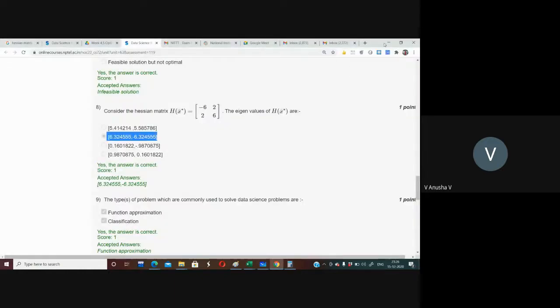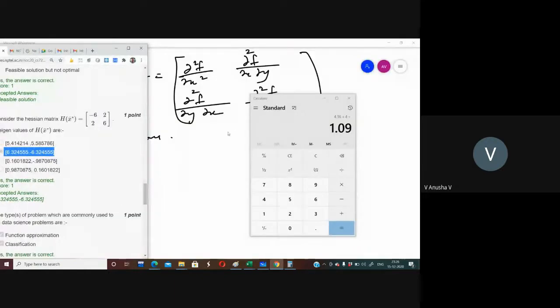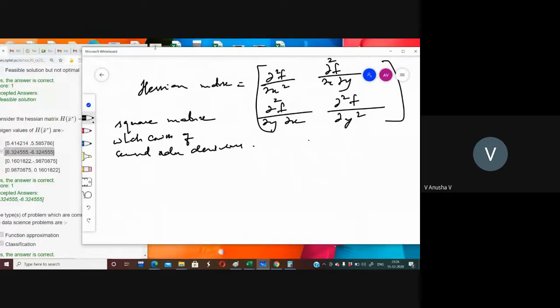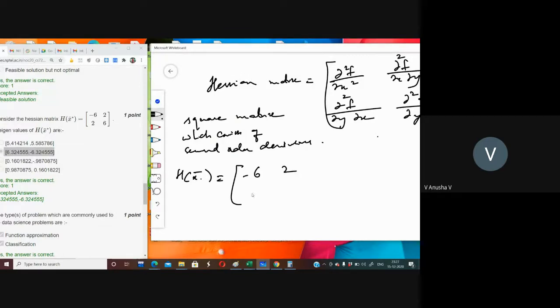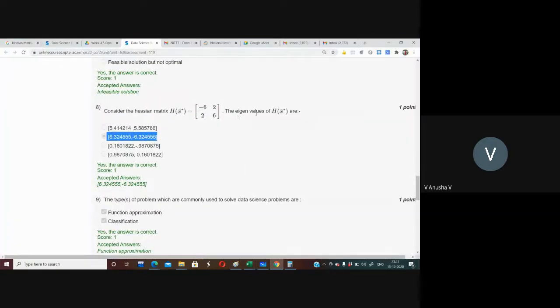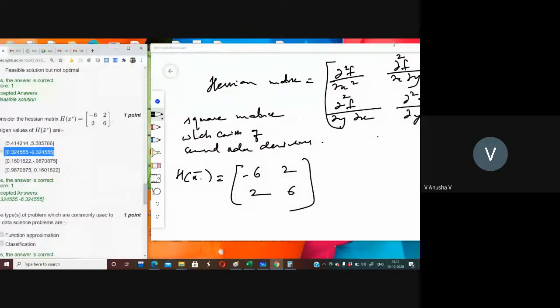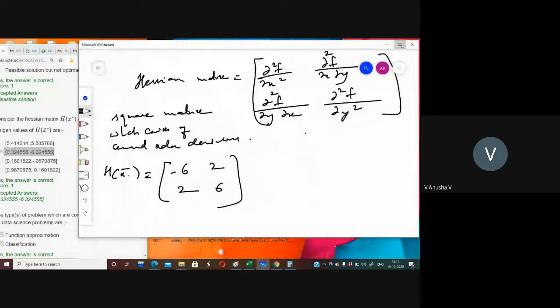So here they have given the matrix h of x bar as minus 6, 2, 2 and 6. And later they are asking us what can be the eigenvalues of this one. How can you find the eigenvalues of a particular matrix?